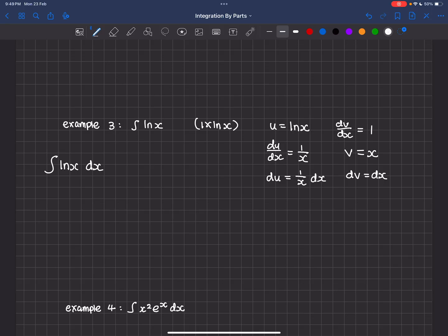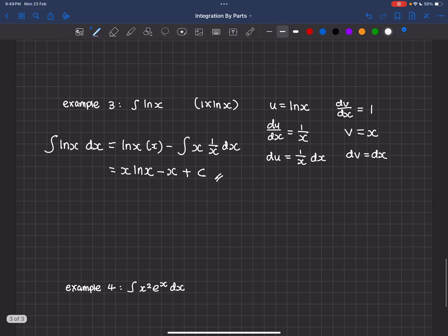So yeah, we got down the left side, uv minus integrate v du, which is just that. So let's simplify this, x ln x. So x times 1 over x is simply 1. So we get x plus c, and we're done. Yep, just remember this and you can do it.